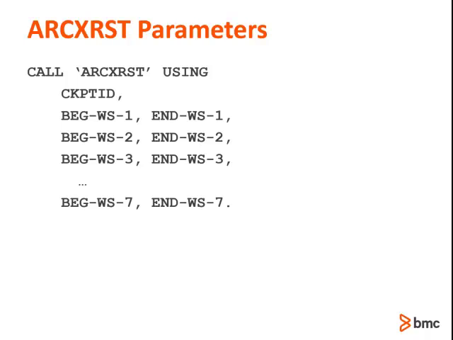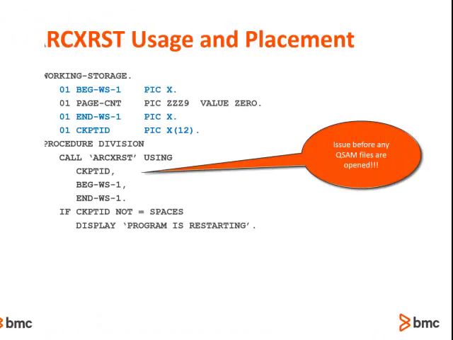Now let's see how to use the ARC XRST call in a program. Here is a COBOL example showing the usage of the ARC XRST call. The ARC XRST call is inserted at the top of the procedure division. The developer can influence ARC restart processing, specifically when program storage is restored, by the placement of the ARC XRST call.